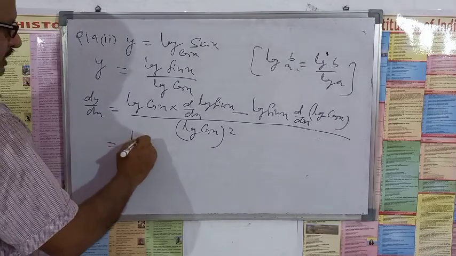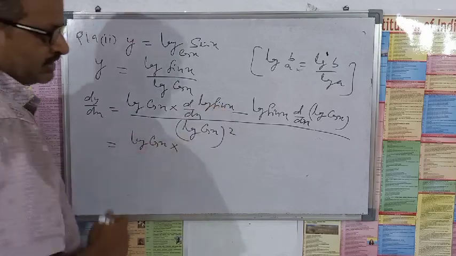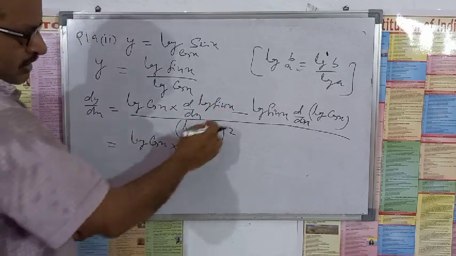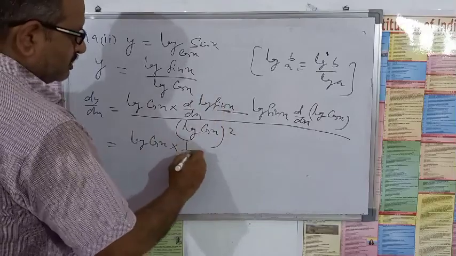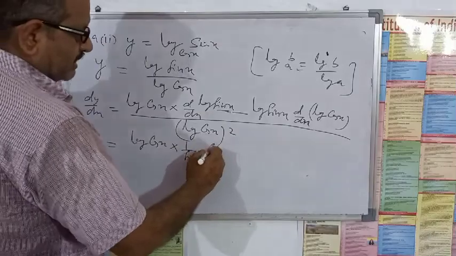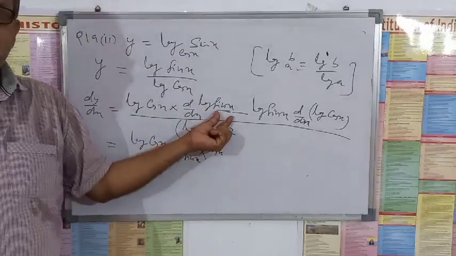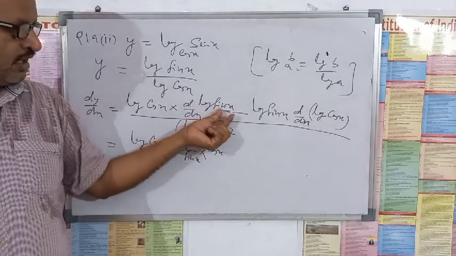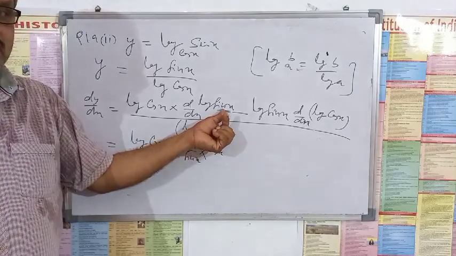So take the derivative. What is the derivative of log sin x? Suppose this sin x is x. We know that log x derivative is 1 by x. So it is 1 upon sin x, and after that differentiate sin x.